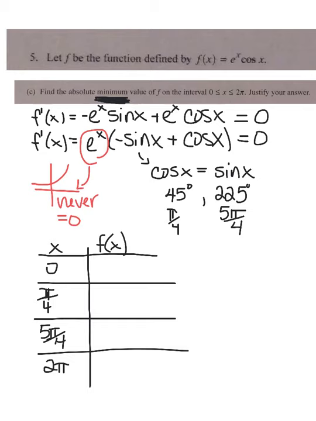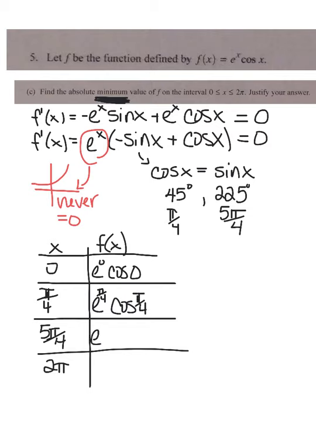All right, so I've got e to the 0 times the cosine of 0. Then here I have e to the pi over 4 times the cosine of pi over 4.